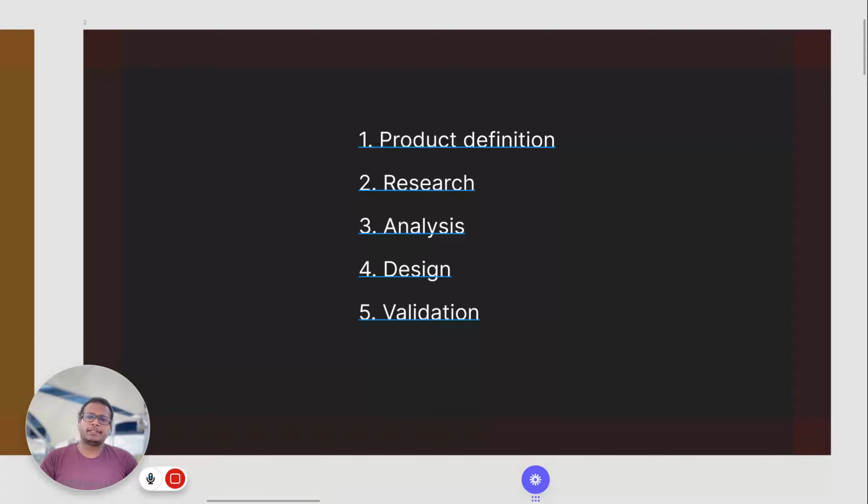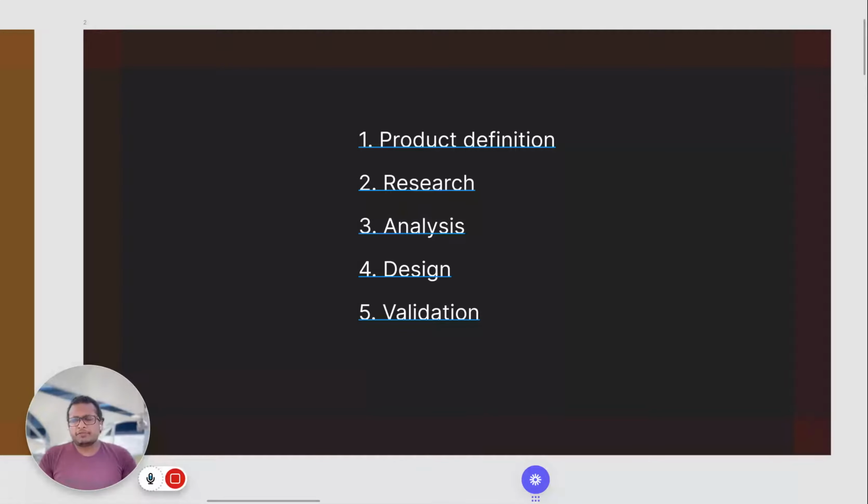So I will understand what their market need is. Then, based on product definition and research, I will come up with my own analysis. In this phase, I will do sketching, wireframing, and a kind of mood board to understand and design. The fourth is design, which comes with low fidelity sketches and high fidelity design.